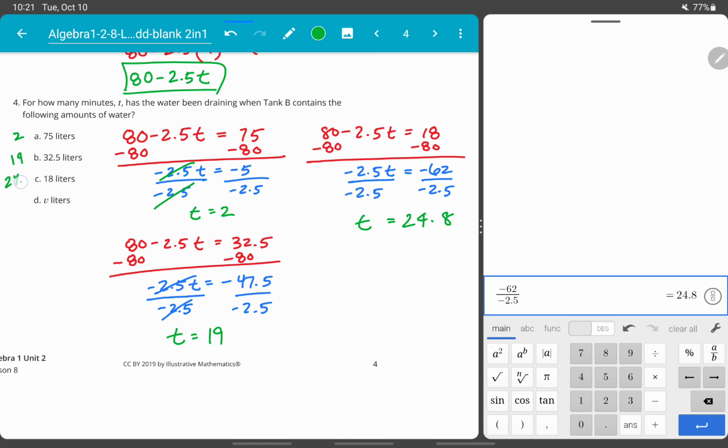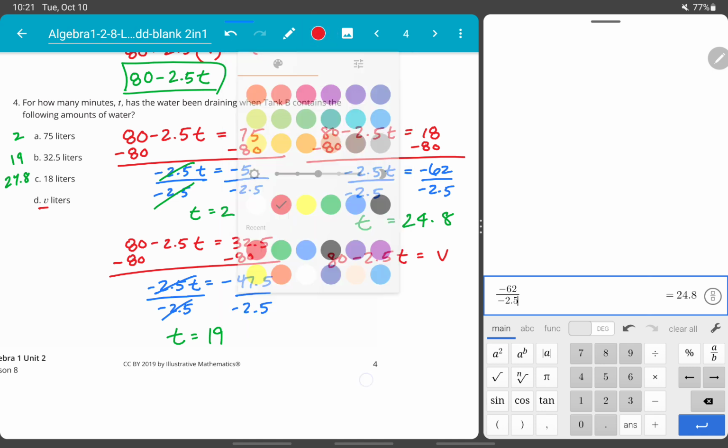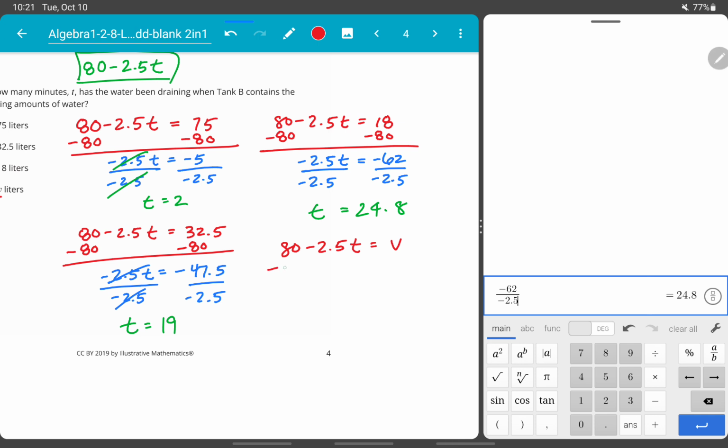That's 24.8. And now let's do it for V liters. So now we've transitioned from numbers to letters. So let's do the same thing. Let's do 80 minus 2.5 T, but instead of getting a number, now we're going to get V. We're going to start by subtracting the 80 from both sides.